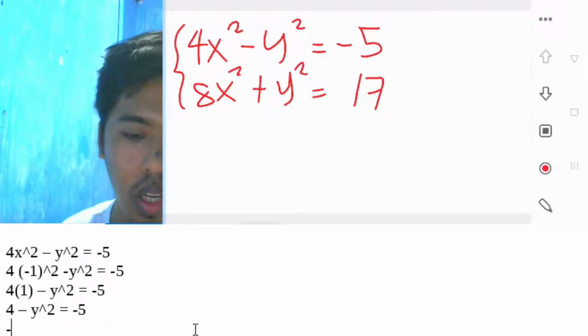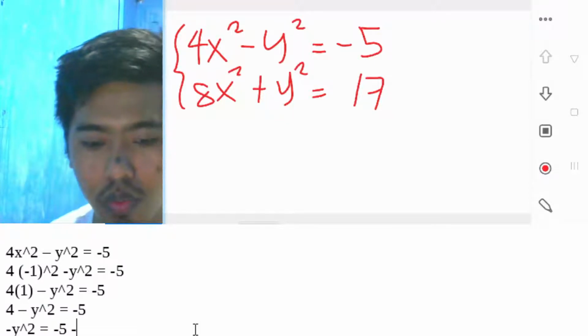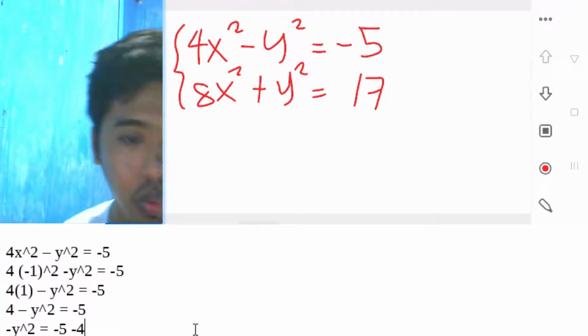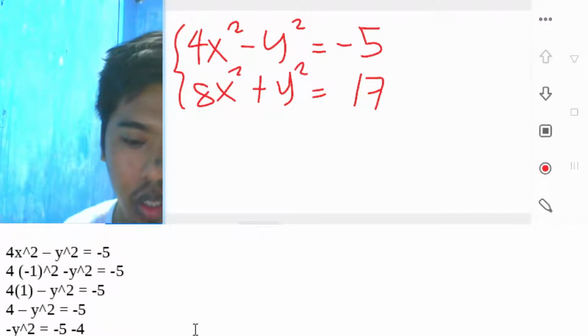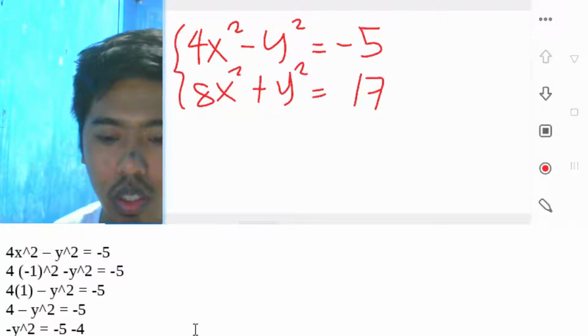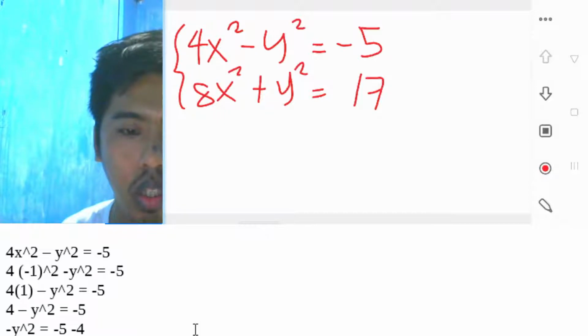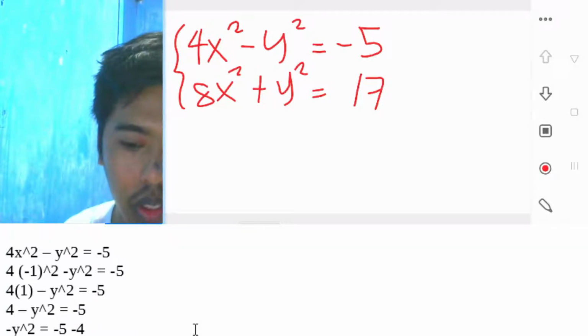Negative y squared equal to negative 5 minus 4, so negative y squared equal to negative 9. Now y squared equal to positive 9.